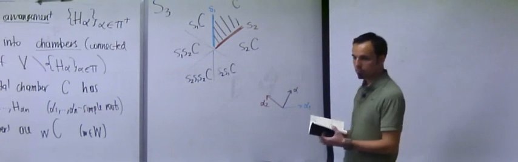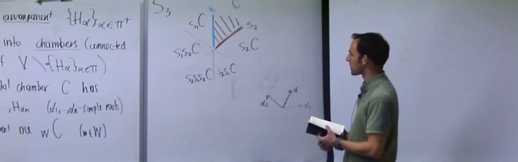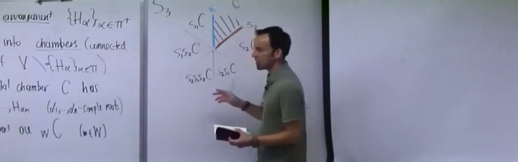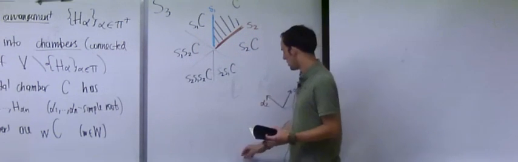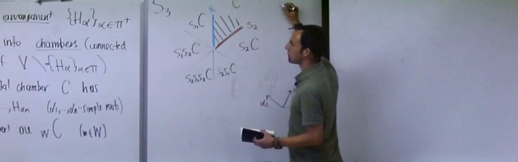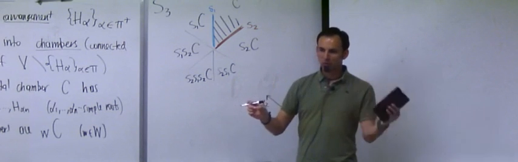Yeah? So the fundamental chamber includes its boundary? No. The chambers are open, and they're basically the things that you obtain when you take out the hyperplanes. That's right, because remember, there's a difference between the fundamental chamber and the fundamental domain.